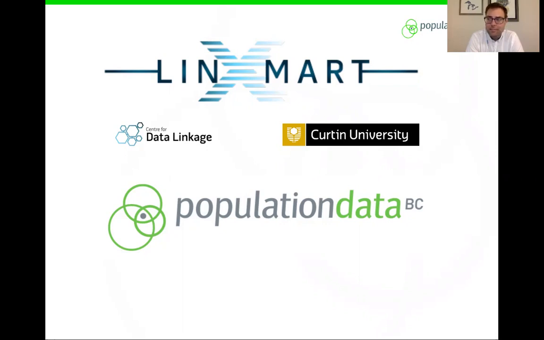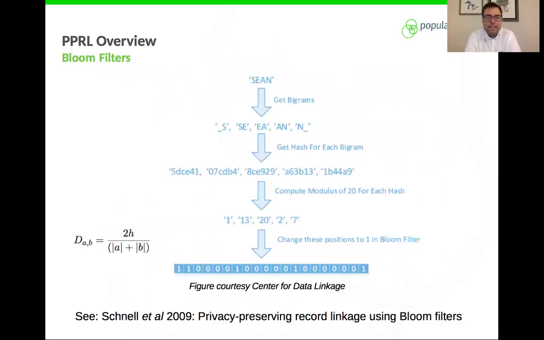PPRL stands for privacy preserving record linkage, and this is where the identifiers for a linkage are encrypted by the data providers before being sent to the linkage agency, and the linkage is done on those encrypted identifiers, not on clear text. One of the main problems that arises in PPRL is how to do partial string comparisons as you would in a clear text linkage.